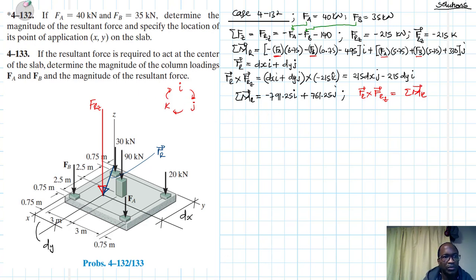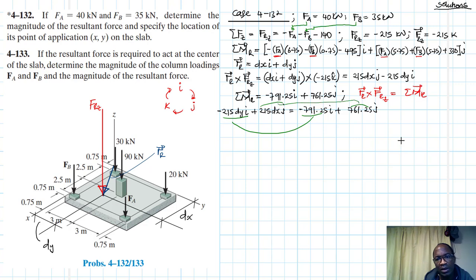So say minus 215 dy i plus 215 dx j is equal to minus 791.25i plus 761.25j. So we are equating this part with this part and this part with this part. Alright, that's what we are doing, creating two equations so that we find the unknowns.